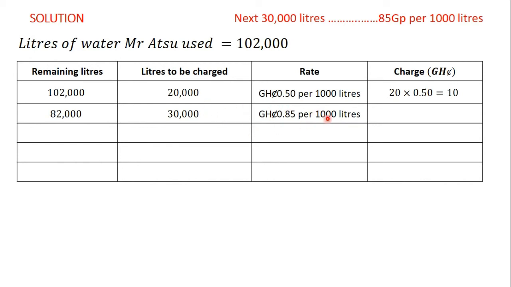This means that for this group, 1,000 liters will cost 0.85 Ghana cedis. The liters to be charged is 30,000.